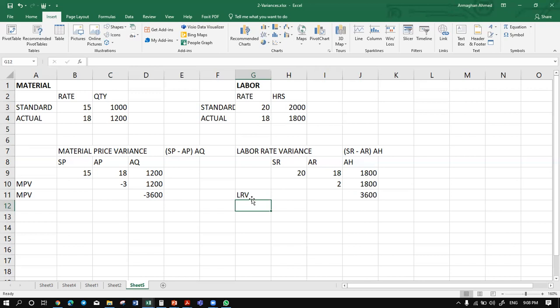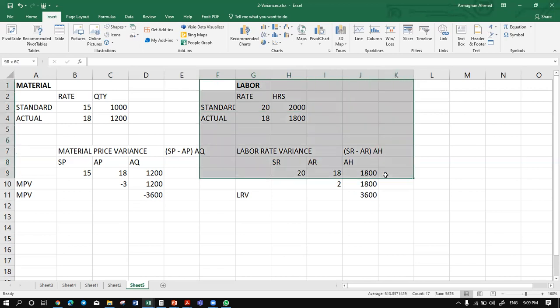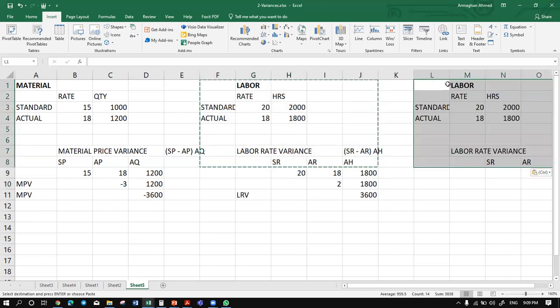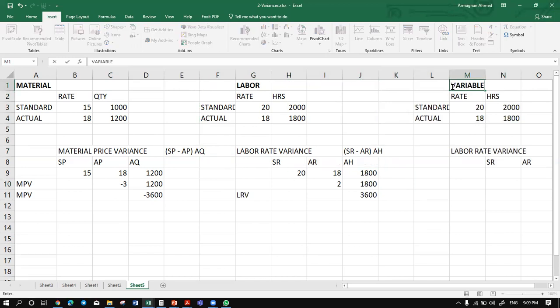Simple example, right? Now the same thing I consider here. Let's say instead of labor, I call it variable overhead. So here the rate will be the variable overhead rate, right?